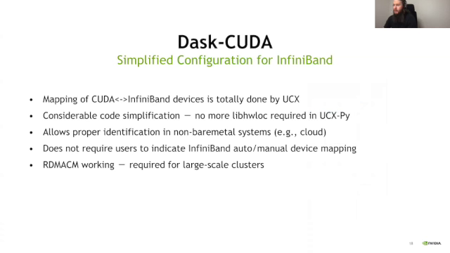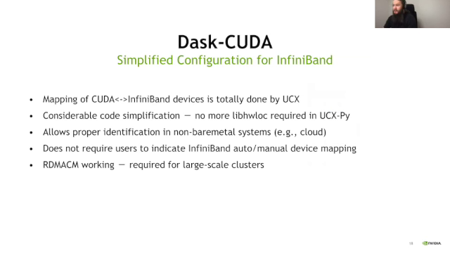On the application or consumer side of UCX-Py, we are also happy to announce that we are now entirely capable of leaving mapping of CUDA and InfiniBand devices to UCX. This change considerably simplified code in UCX-Py. In the past, we had to rely on hwloc to determine the topological proximity between devices.